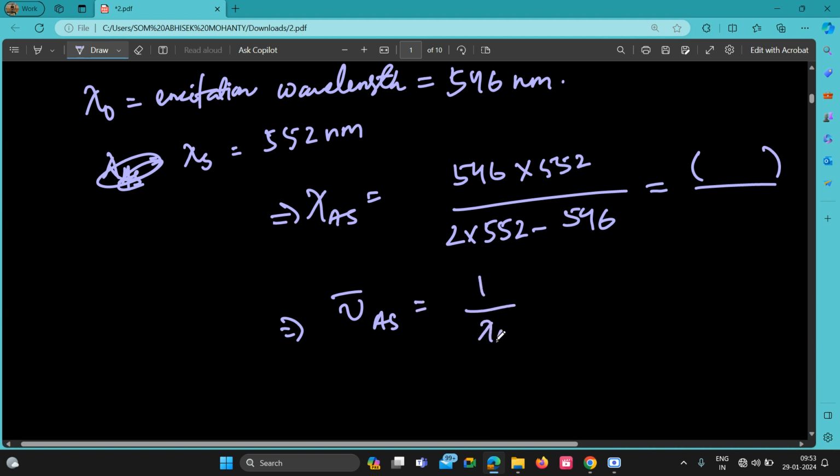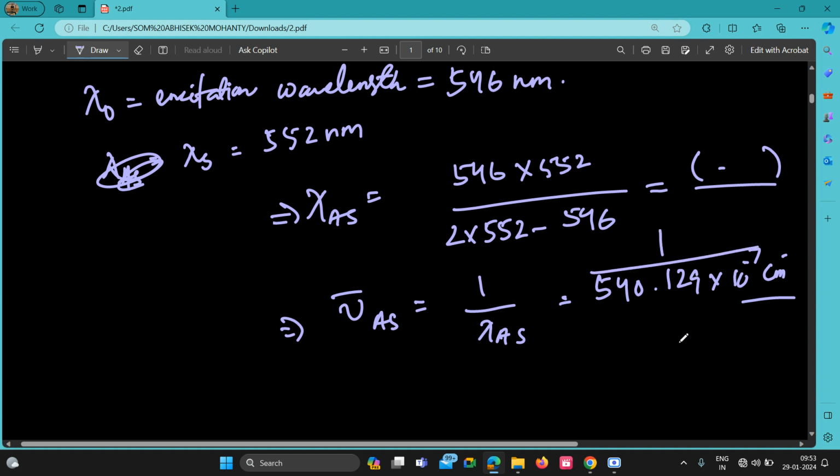So 1 by lambda anti-Stokes is the wave number of anti-Stokes. If you calculate this, you will get 540.129 into 10 to the power minus 7 centimeter, sorry, this is your lambda anti-Stokes actually.